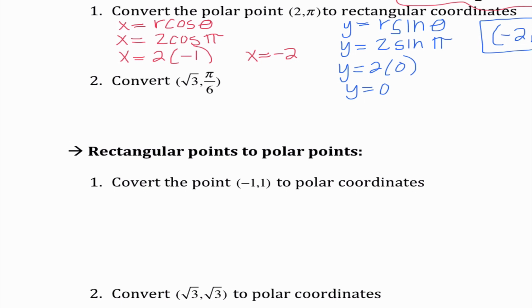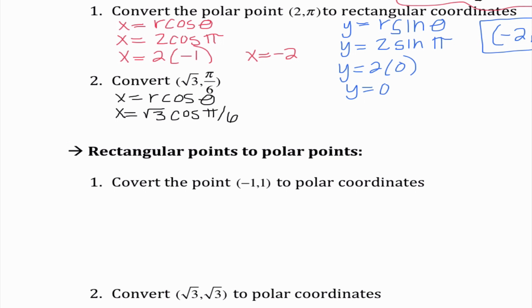Okay, so let's do this again. This time we're converting radical 3, pi over 6. So I'm going to do x equals r cosine theta. So the x value is going to equal radical 3 times the cosine of pi over 6.